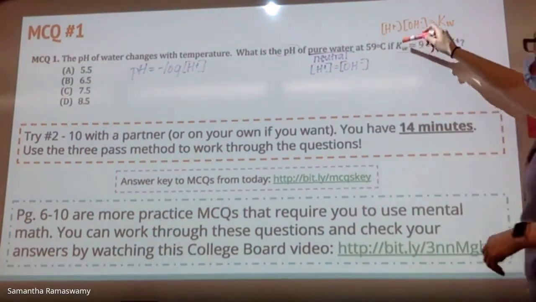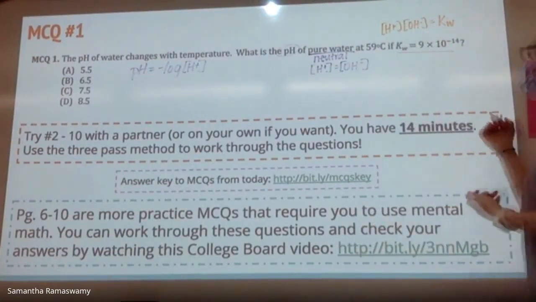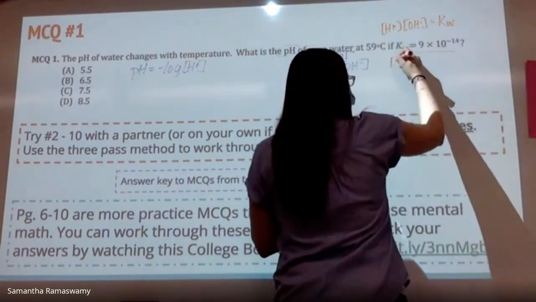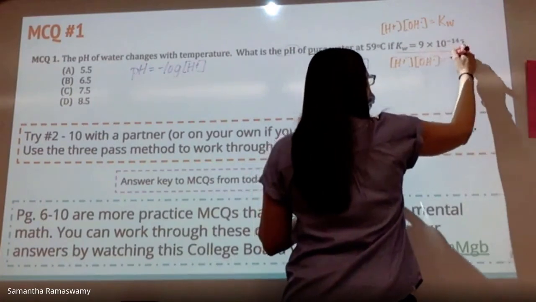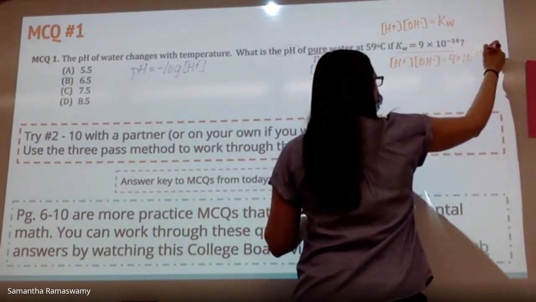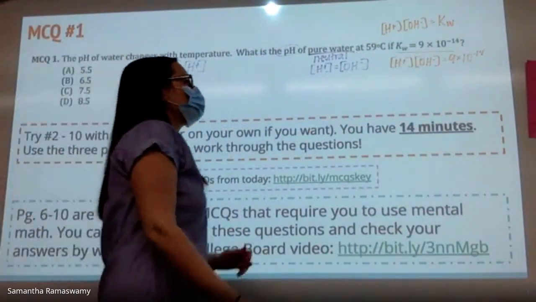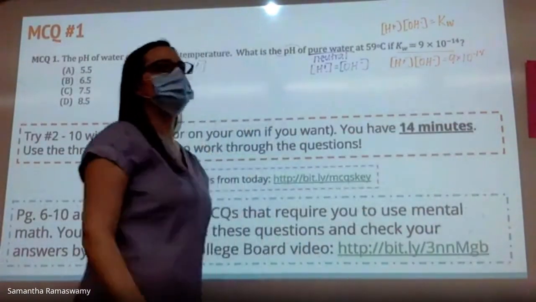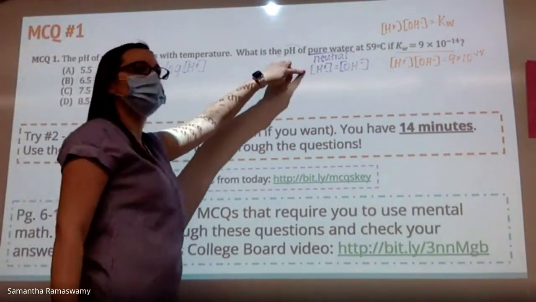So we can use this: H plus times OH minus equals Kw. Our goal is to solve for H plus. If I write this down, H plus times OH minus equals 9 times 10 to the negative 14. I know I want to solve for H plus, but now I still have OH minus. This is why we wrote this down.